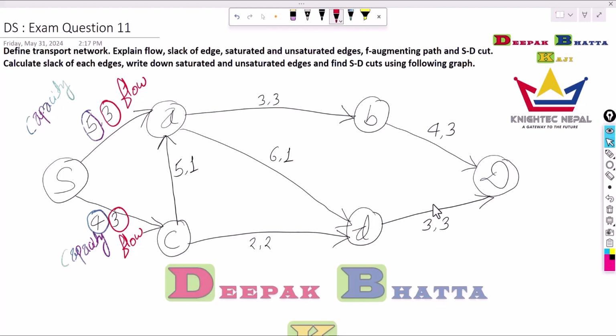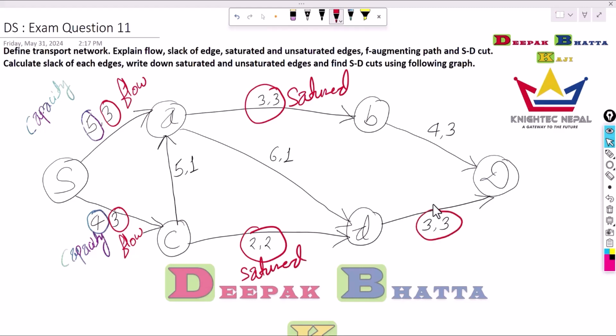That means it is a saturated edge, so this A and B can be called saturated, as both are the same, right? So 2 and 2. So C and D is a saturated edge. This is 3 and 3. Both are equal, so we can call it a saturated edge.